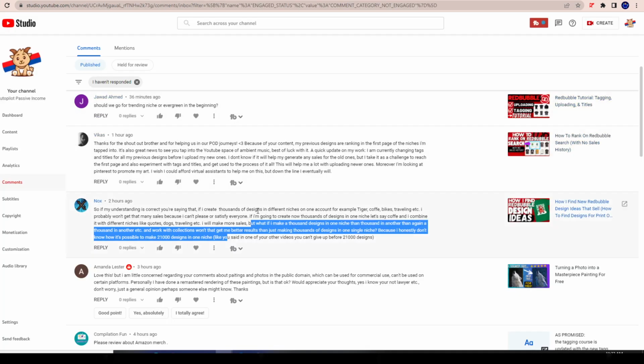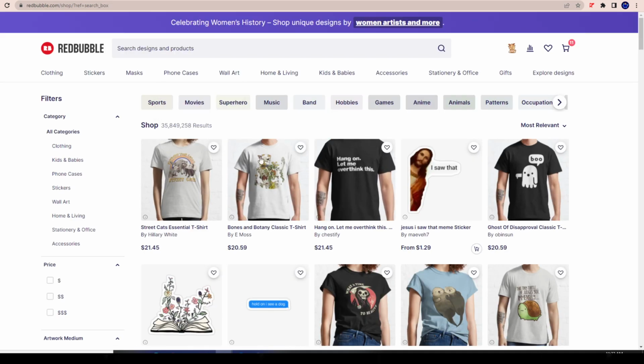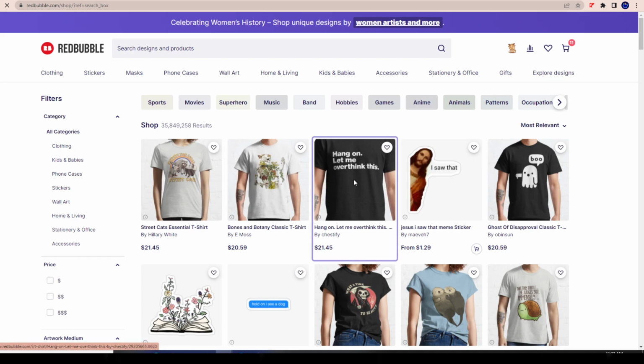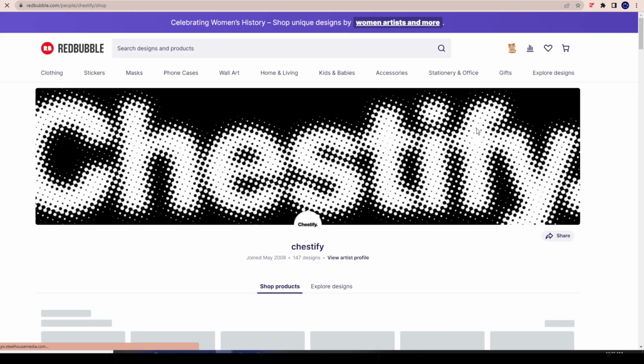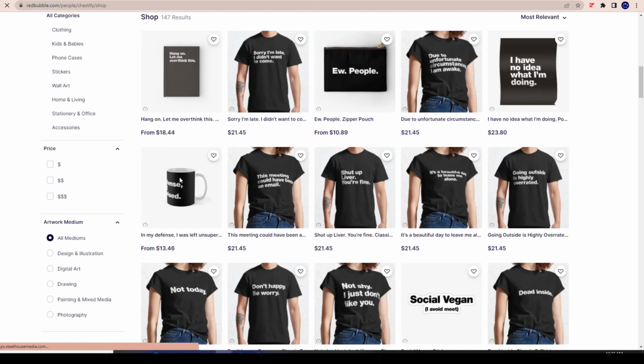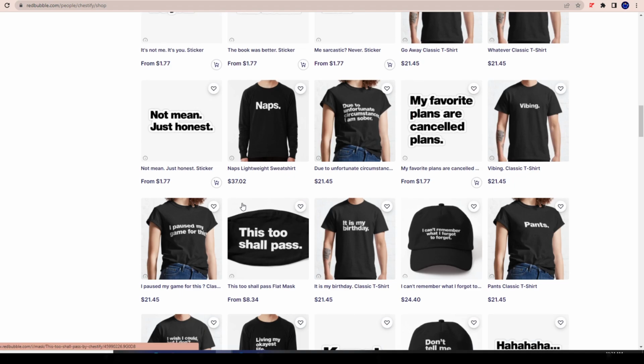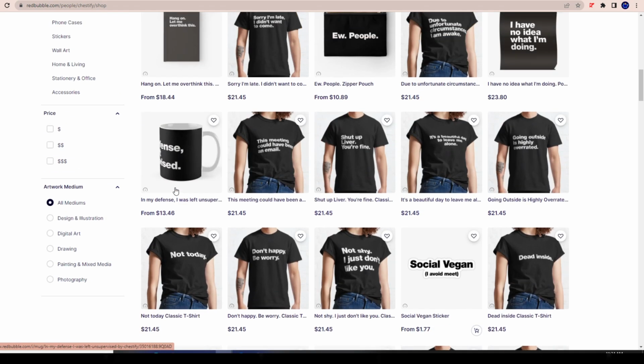But what it won't do is this: if the person comes to your product, thinks it's a good product, and wants to see more similar products, and they click on your store and see stuff that doesn't relate to the product, then you're hurting your chance of getting increased income through average order value.